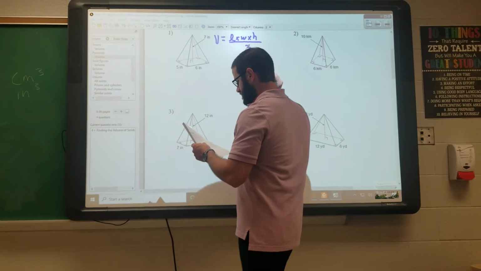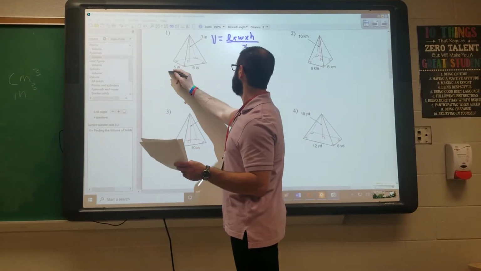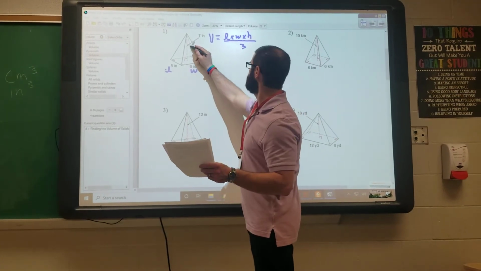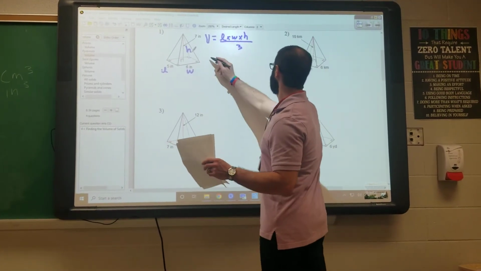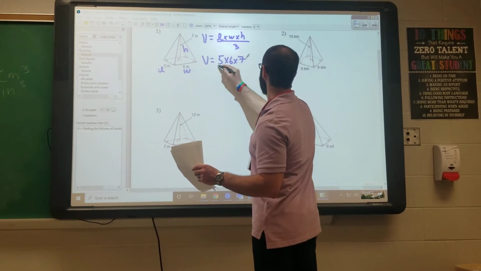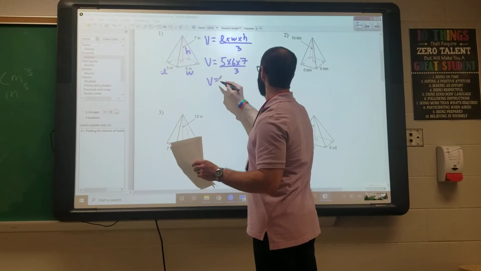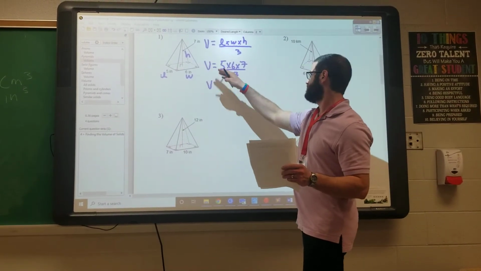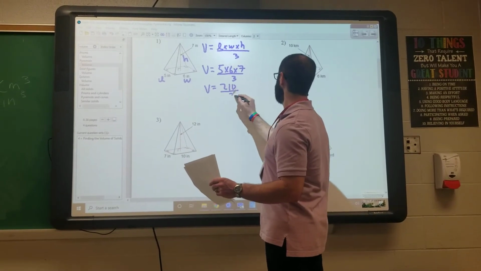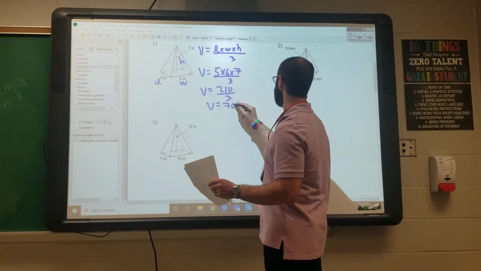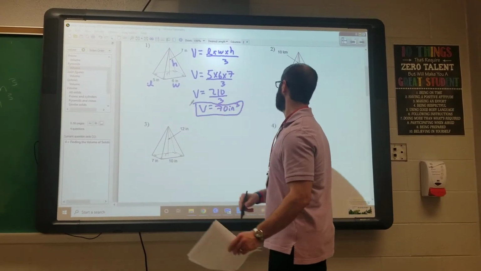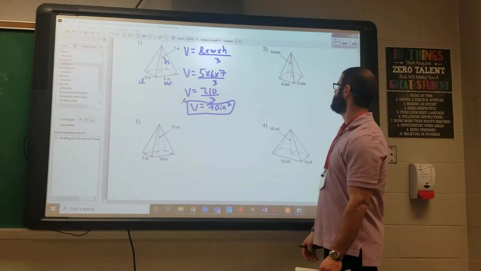I'm going to call the length 5, the width 6, and 7 would be our height. So volume equals 5 times 6 times 7 over 3. Before we divide, you have to multiply. 5 times 6 times 7, that's 210. Divide that by 3, and I get 70 inches cubed.